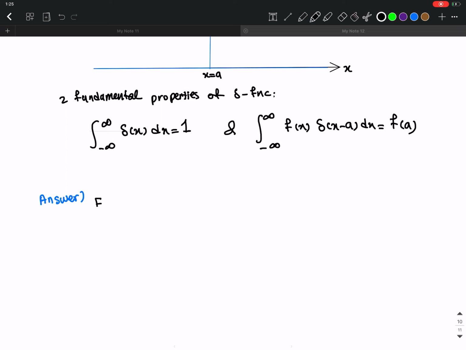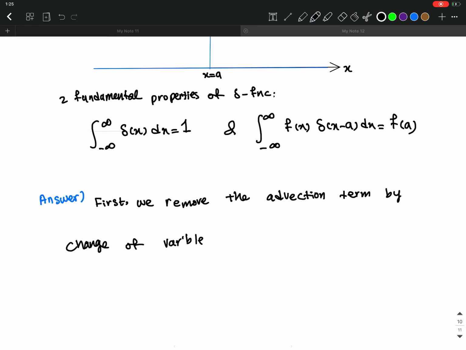So the first thing I want to do, this is a trick, we remove the advection term by change of variables to a characteristic coordinate.